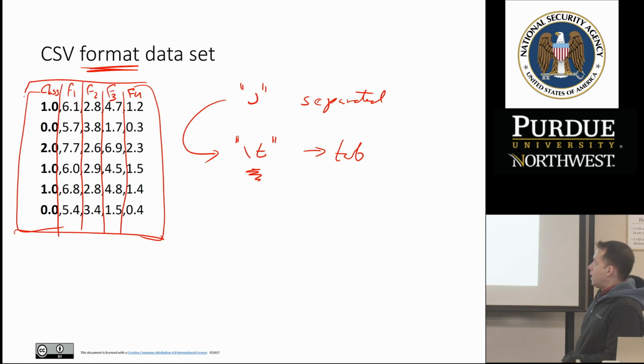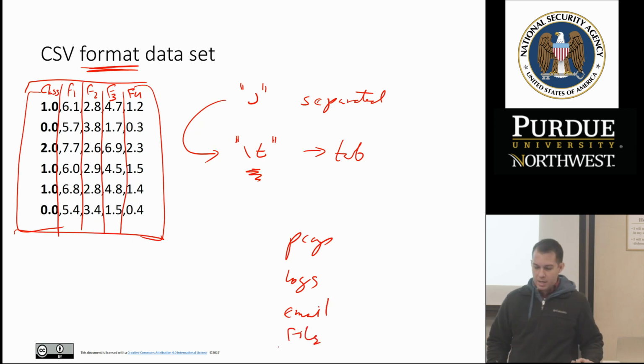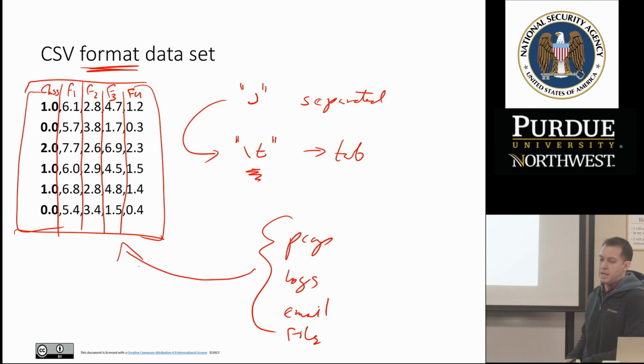All right, and so that's what the commas do. In all data sets that you create, it's probably useful to go from whatever data you have, PCAP, logs, email files, etc., whatever your network data might be, it's probably good to always have the goal of converting your data from whatever format they have into that. All right? As I said, that's probably the first step. There are other formats after that, but this is usually the most intuitive and clear.